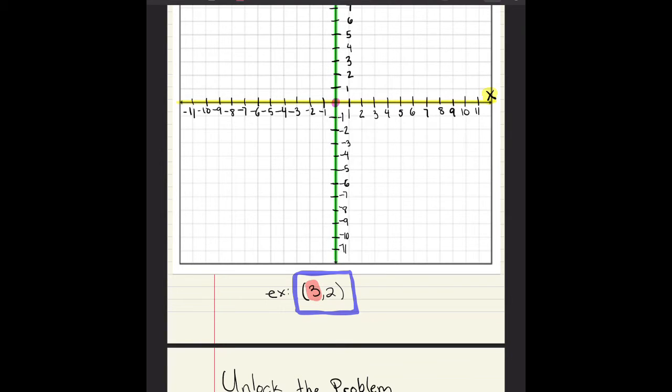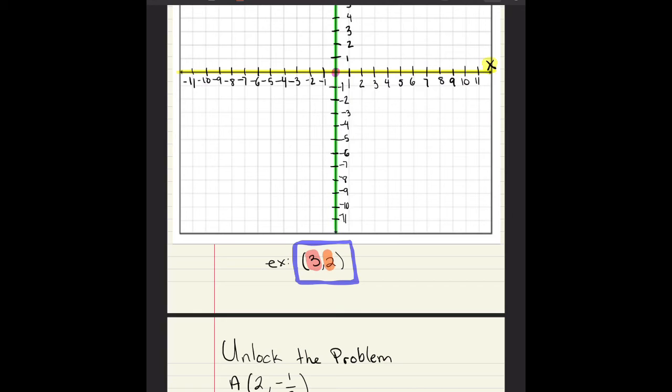So that's going to tell us where to go on our x-axis, going left and right. So this first number is going to tell you to go left or right. And our second number is the y-coordinate. So this will tell us to go up and down.